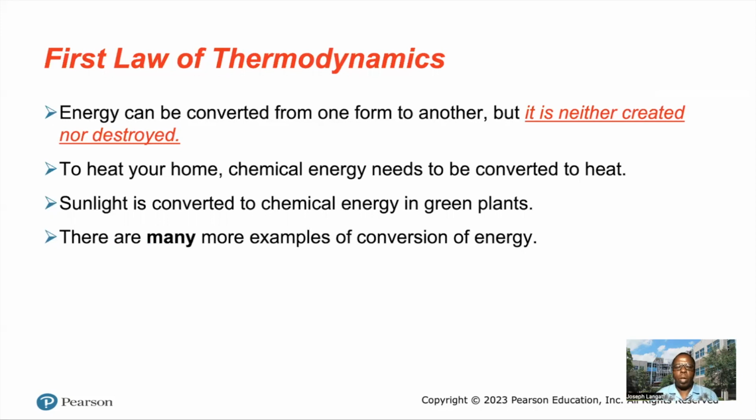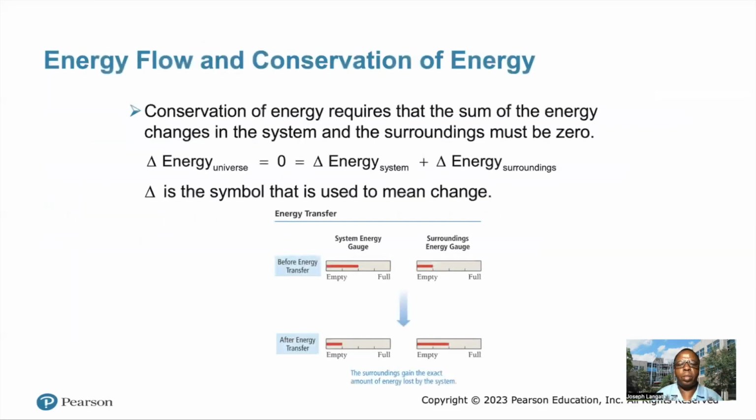Our bodies as well can convert the chemical energy in the food we consume into mechanical energy for us to move around, okay? We can't move unless we eat. We need food, and the food we consume has stored chemical energy, which is converted into mechanical energy.